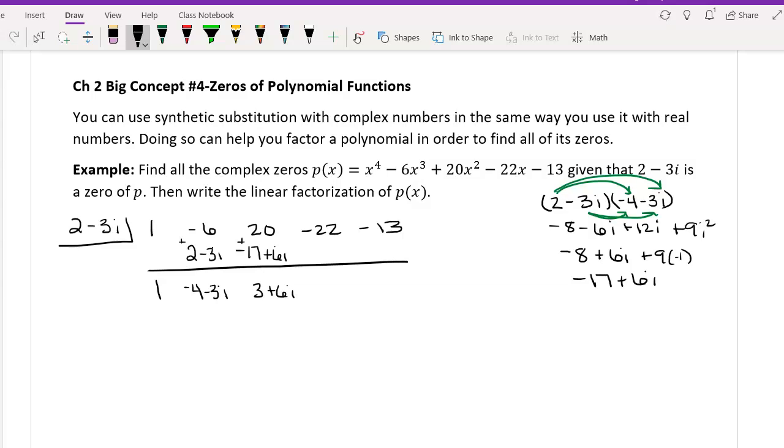All right, I have to go and do that binomial times binomial again. So this time I have 2 minus 3i times 3 plus 6i. So 2 times 3, we get 6. 2 times 6i, we get plus 12i. Negative 3i times 3, we get negative 9i.